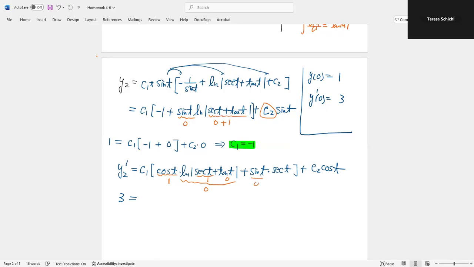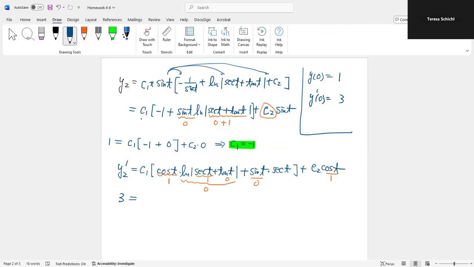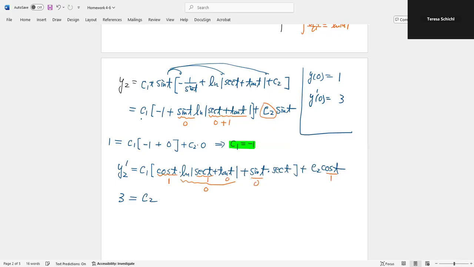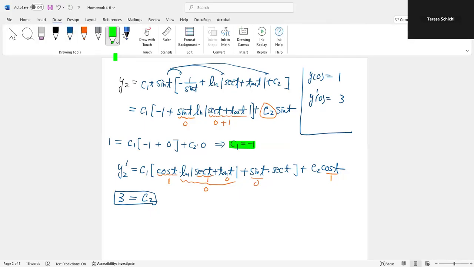Then sine 0 is 0, and cosine 0 is 1. So all the C1 terms go to 0. Not bad. So I got C2 equal to 3. Good.